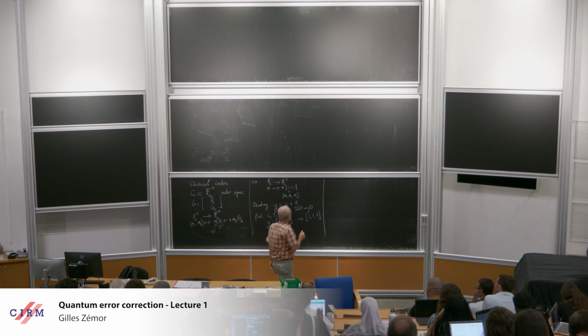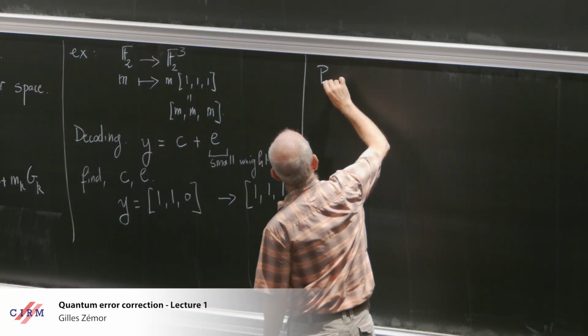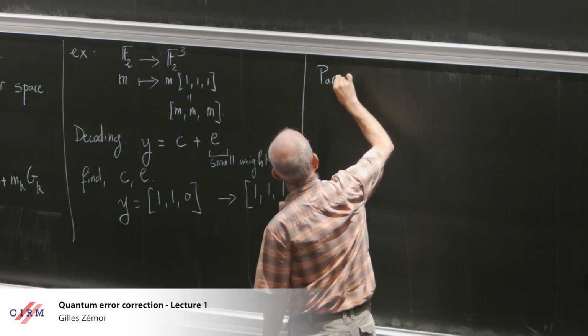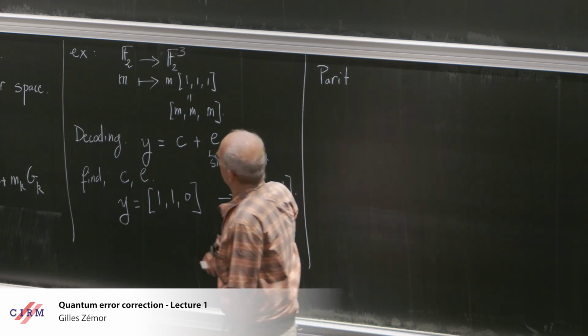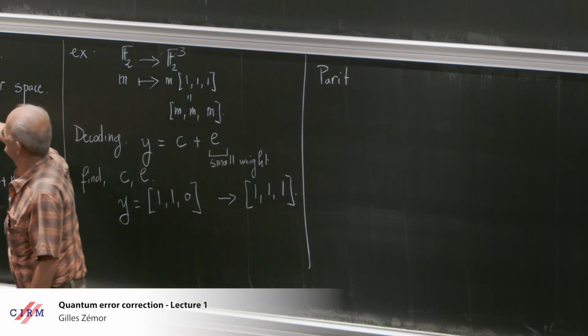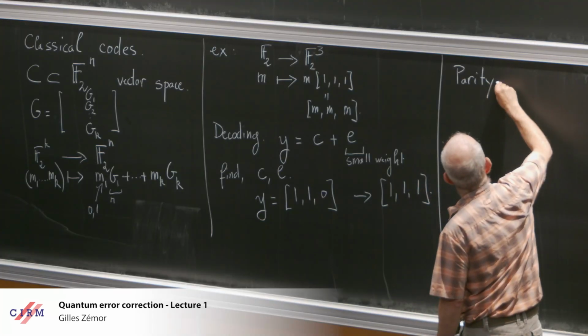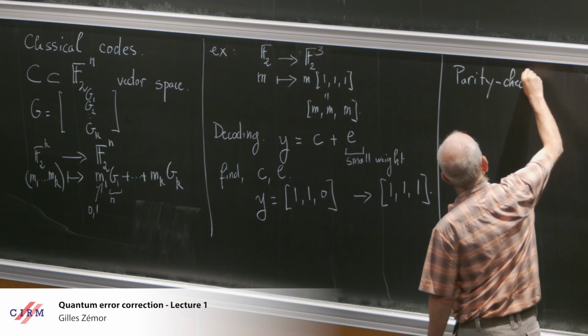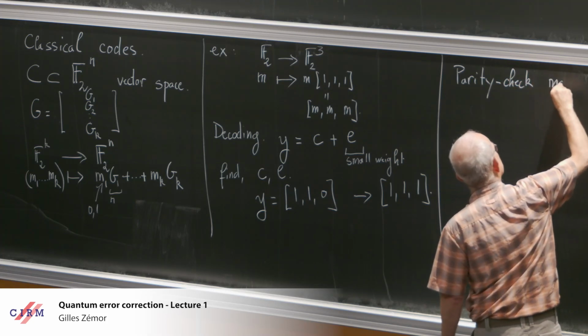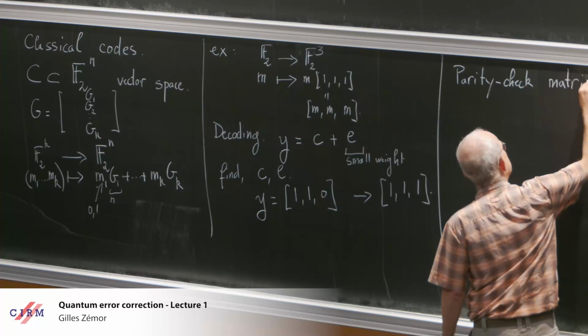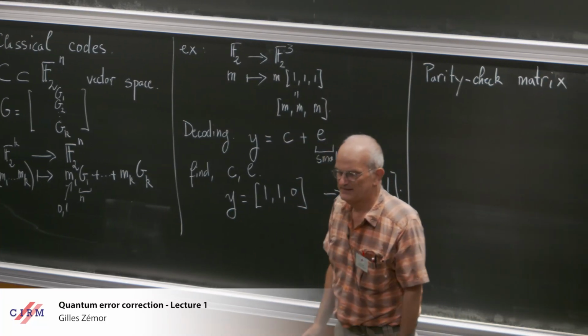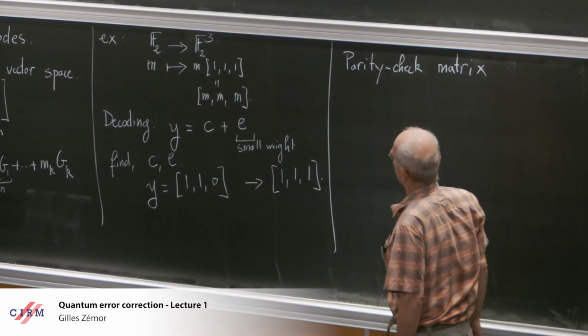So this is the solution to the decoding problem. Okay, there's an alternative way of thinking about a linear code, which is you don't think about a basis of the code. You will consider what coding theory jargon names the parity check matrix for the code.